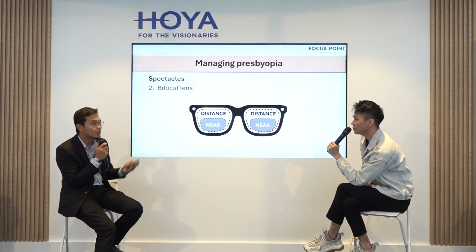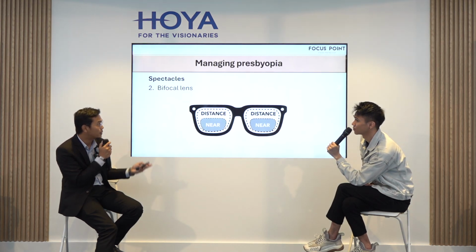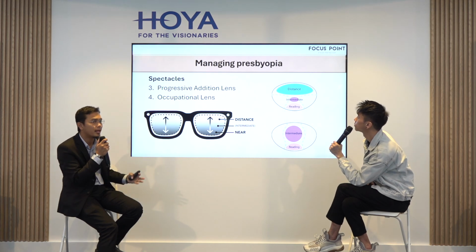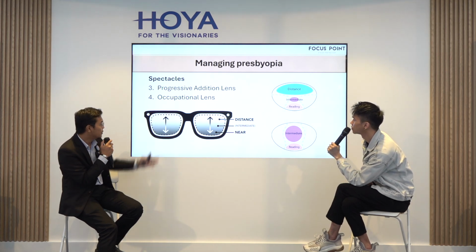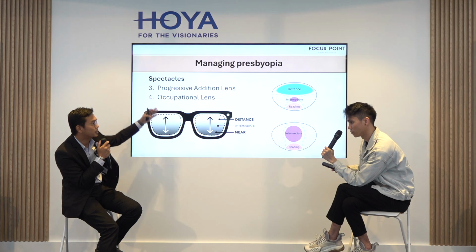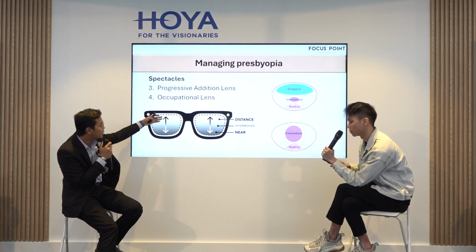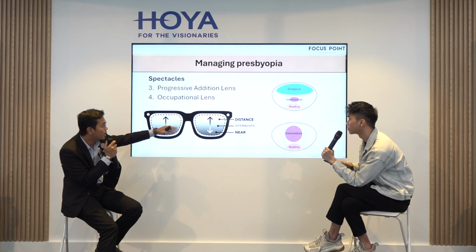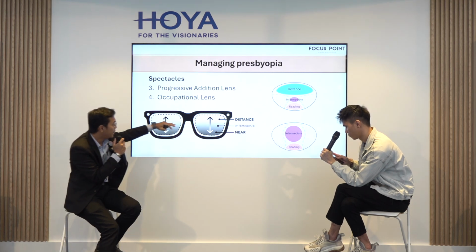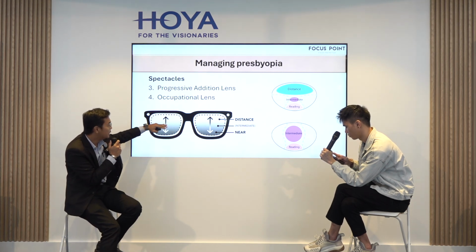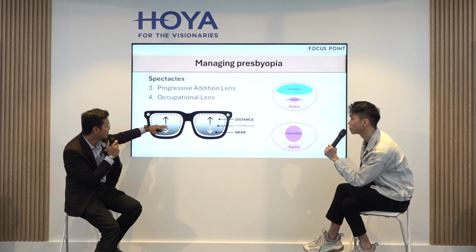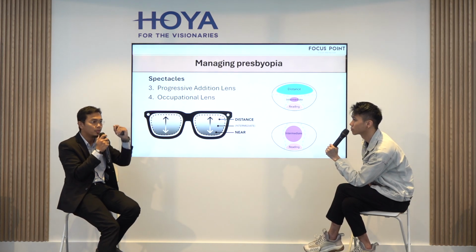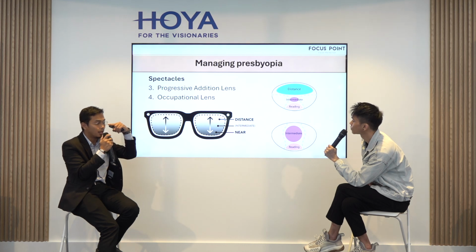Nowadays, most people who have this problem will use progressive lenses like this, or we call it multifocal lenses. As the name says, the power progressively changes towards the bottom. You have a distance power, at the middle of the lens an intermediate power, and at the bottom a near power. When you look at your computer, you look at the middle part of your spec.